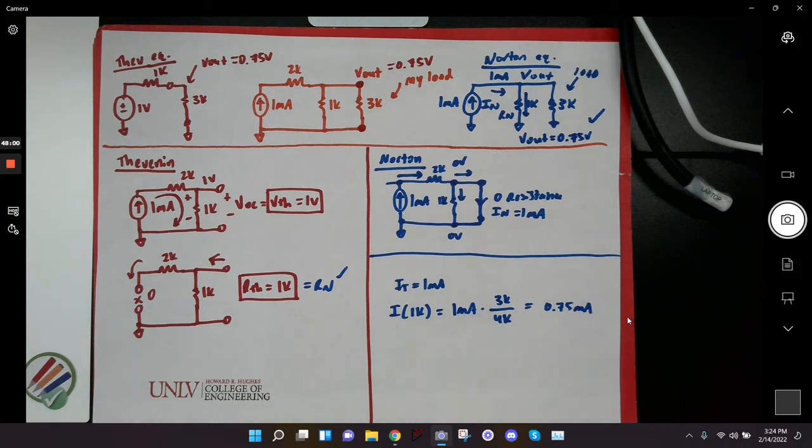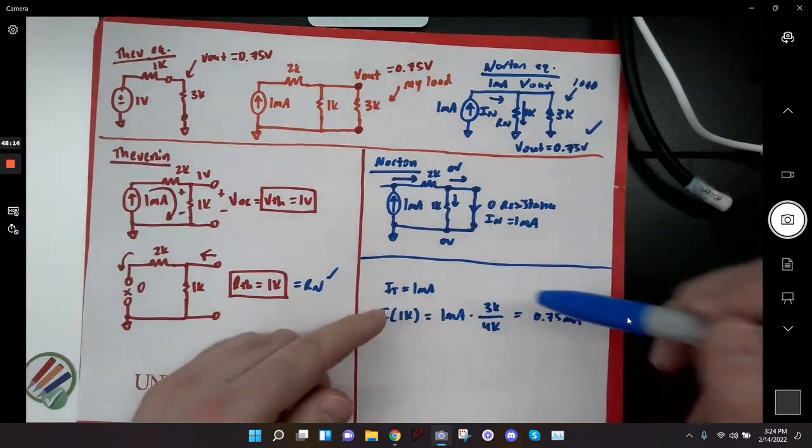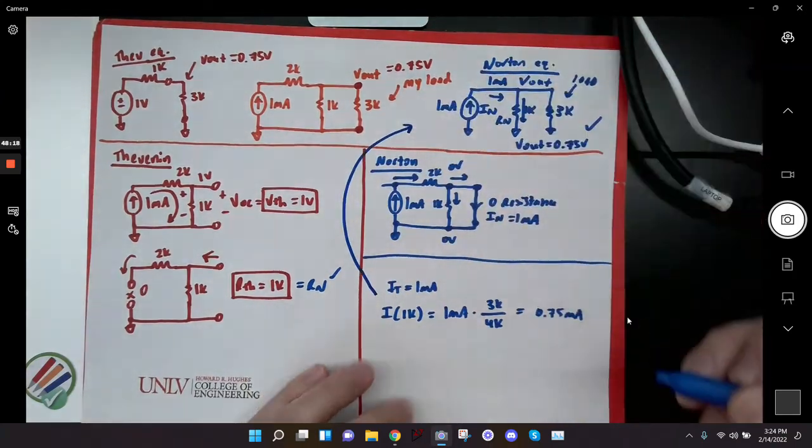So you said there's no current flowing through the 1K resistor? That's right. It's just going through the wire. So why are you calculating 1 milliamp times 3 over 4K? Okay, so this is going back to the original circuit. Oh, that's why I made another box. This right here is work for that circuit.